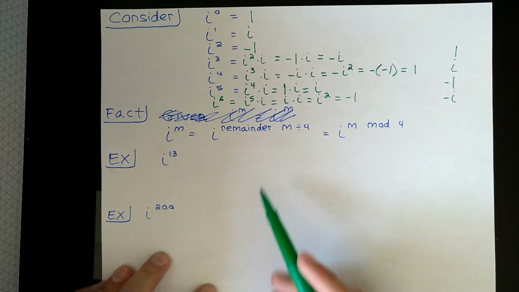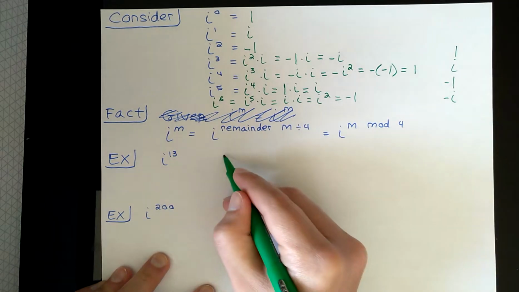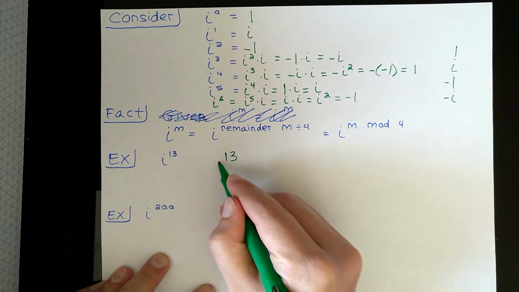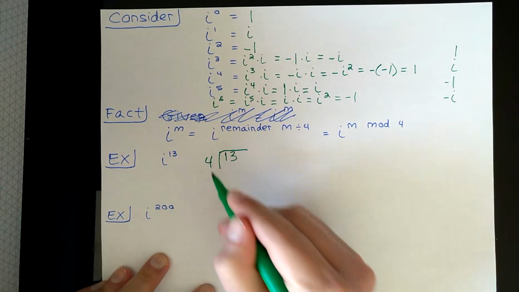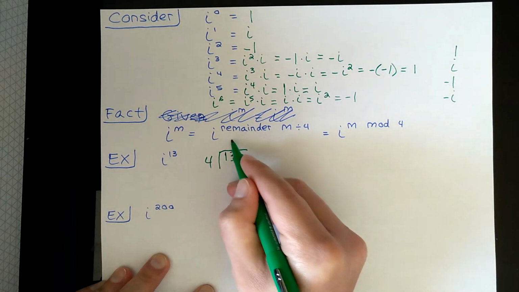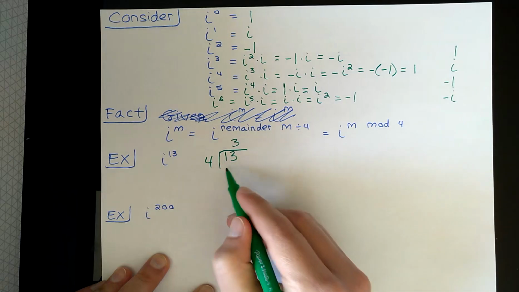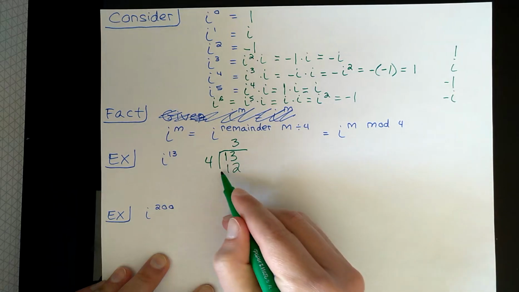So, with that, we have i to the 13th power. We want to simplify it without just running through this list. So we're going to take 13 and divide it by 4. 4 goes into 13 3 times. 3 times 4 gives us 12.